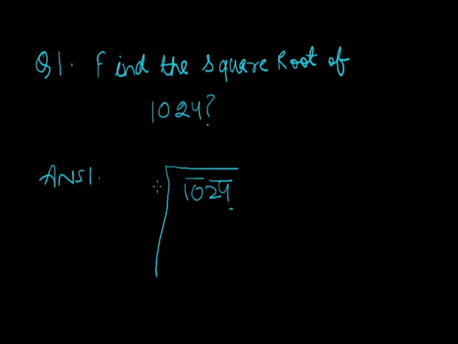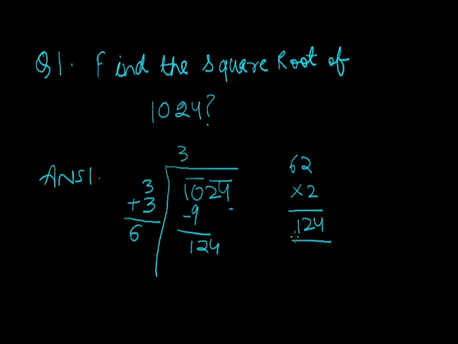Now start with the square number, that is 3 multiplied by 3 gives you 9. Write 9 over here, 10 minus 9 gives you 1, bring down 24 to get 124. Now 62 multiplied by 2 gives you 124, so 2 should be written over here 3 times, so that 62 plus 2 gives you 64.